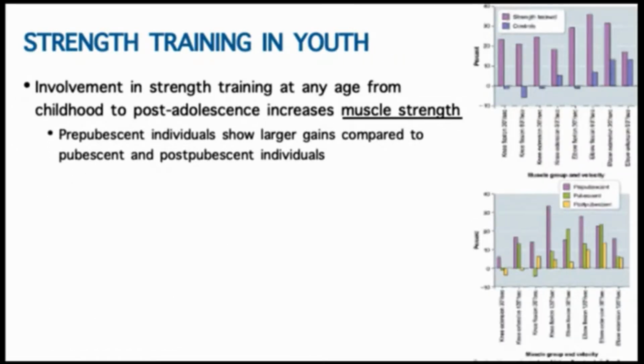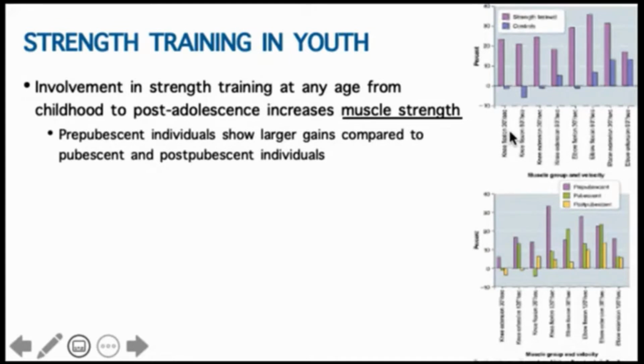In terms of strength training, there has been research done that has shown, if we look at this top graph up here, this is a percent increase in strength. I know these are hard to read. This came from the book.